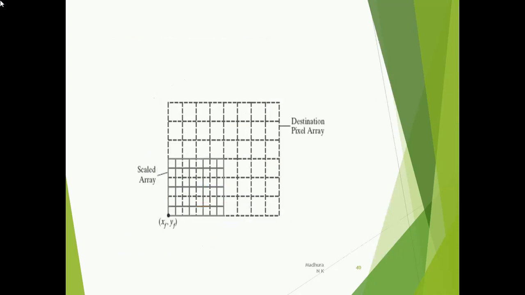Now suppose you want to do the scaling process for this entire rectangular section, how can you do it? This entire rectangular section you will divide in terms of pixels. You can say this is 1 pixel, this is 1 pixel, like this. Now this pixel has to be scaled. Maybe here we take the Sx and Sy values as 0.5.